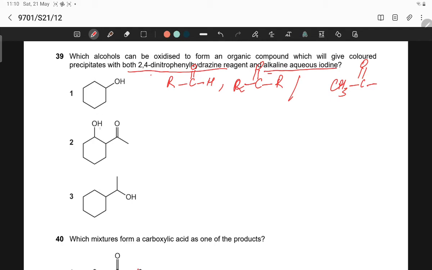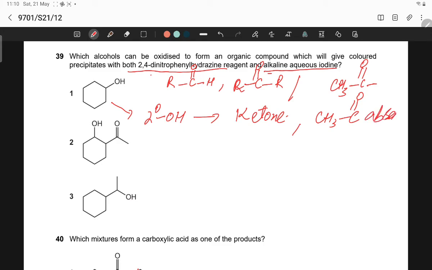So this is a secondary alcohol, and a secondary alcohol gives a ketone. It gives a positive test with 2,4-dinitrophenylhydrazine, but CH3 C double bond O is absent, so alkaline aqueous iodine gives a negative test. So this option is incorrect.